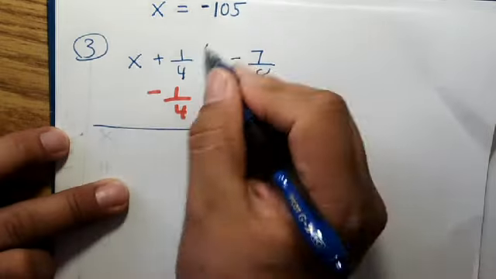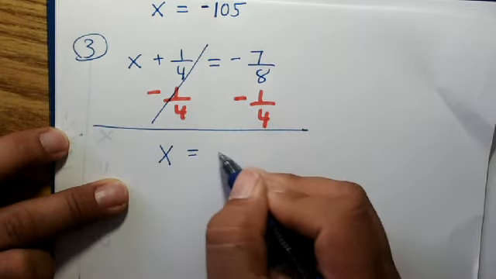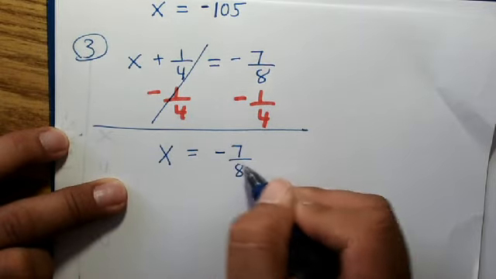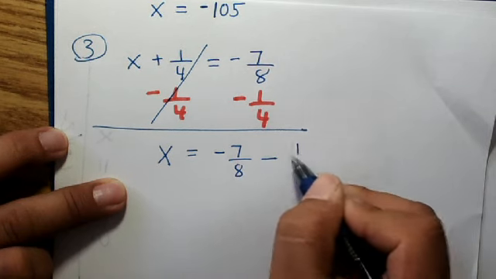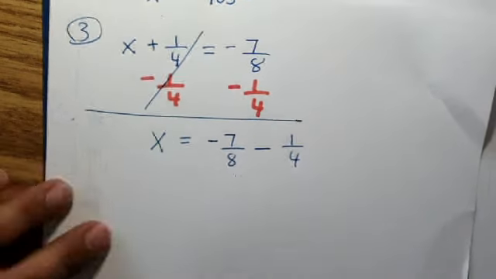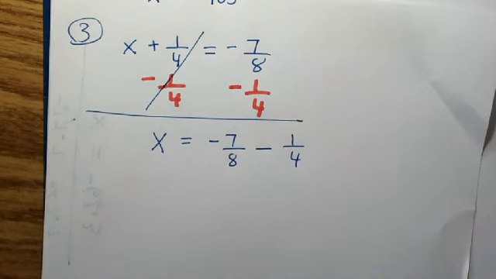This would give us x equals negative 7/8 minus 1/4. Do you see that? Negative 7/8 minus 1/4. What are we going to need in this problem? We have 7/8 and we have negative 1/4. What are we going to need for this problem?